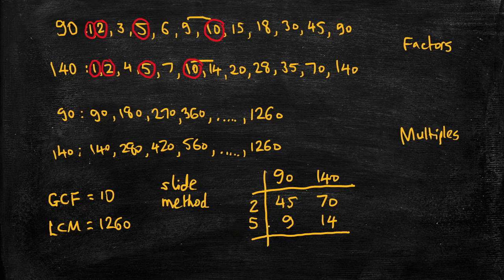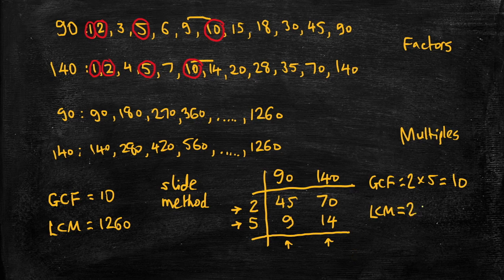And the way you get the greatest common factor is just to multiply, in general, all the factors that are pulled out on the left hand side when you do the slide method. So in this case there's only 2 of them, so we multiply them together and we get 10. And then the least common multiple is we multiply the two numbers on the side but also the numbers along the bottom as well.